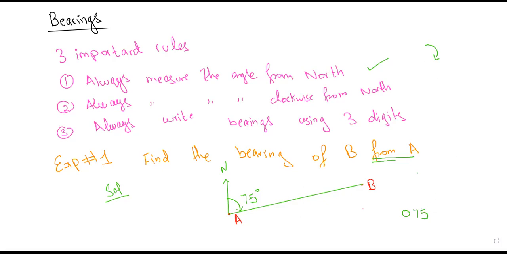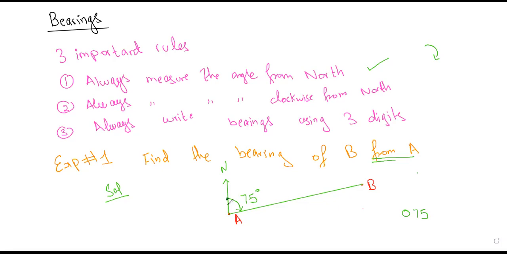Now, I repeat. Basically, we have started this new topic, that is bearings. You need to know these 3 important points. Always measure the angle from north. So we started from here. That is the first point. The second point, always measure the angle in the clockwise direction.